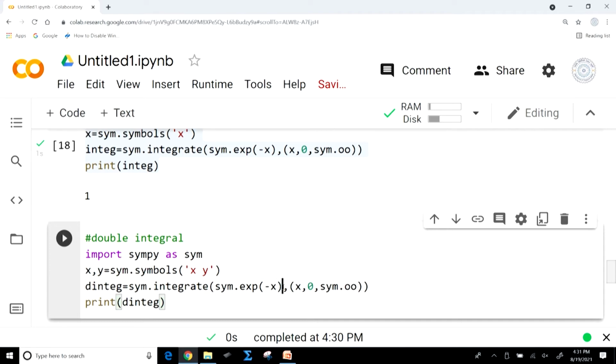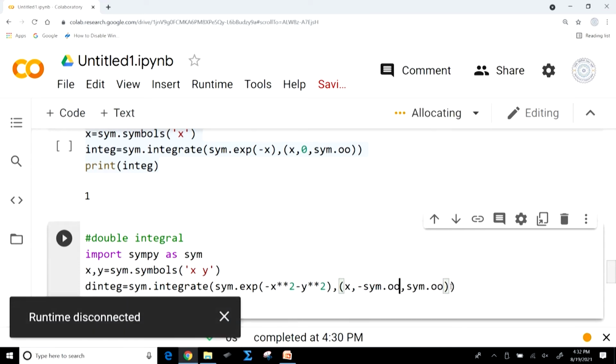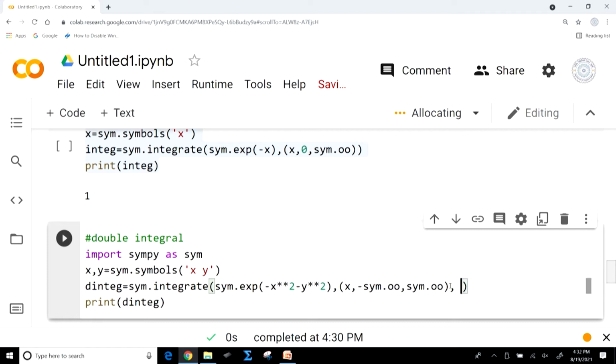Suppose the function is e raised to power minus x square minus y square. What are the limits for x? Suppose limits for x are from minus infinity to plus infinity, so it is minus simp dot double o to simp dot double o, and the limits for y are again from minus infinity to plus infinity.